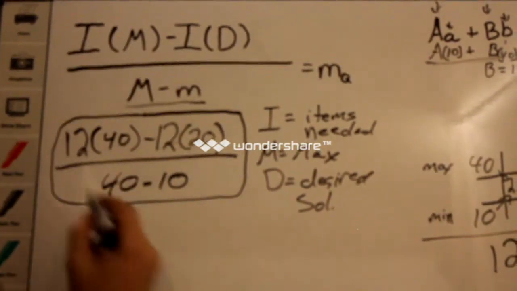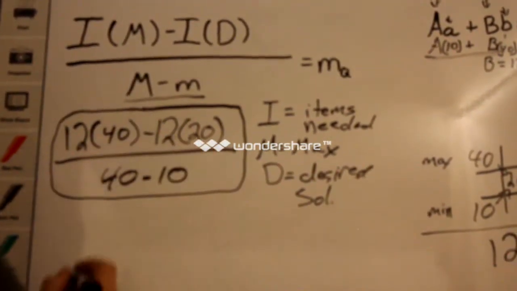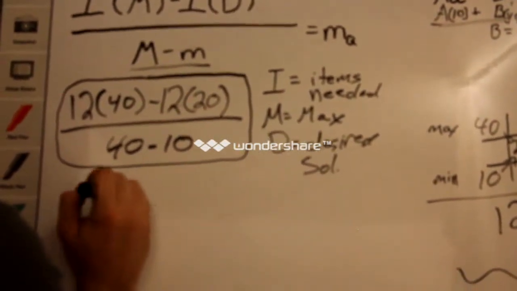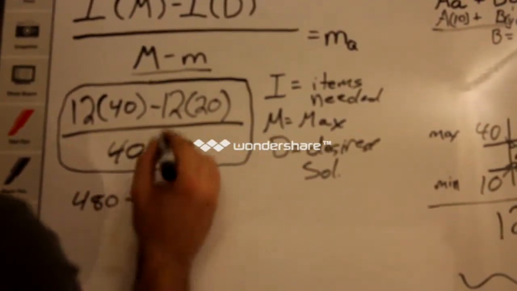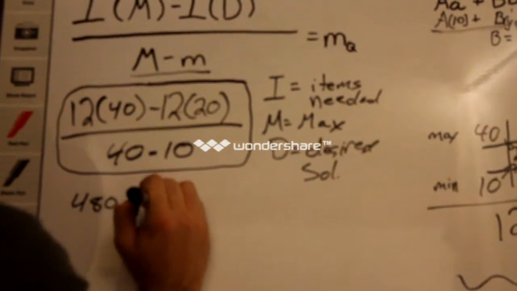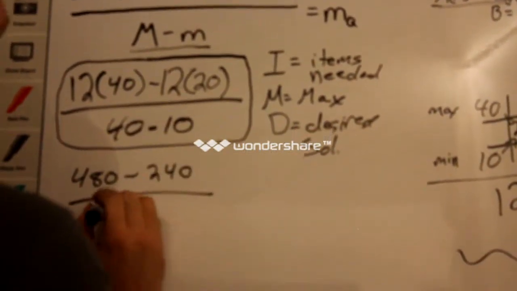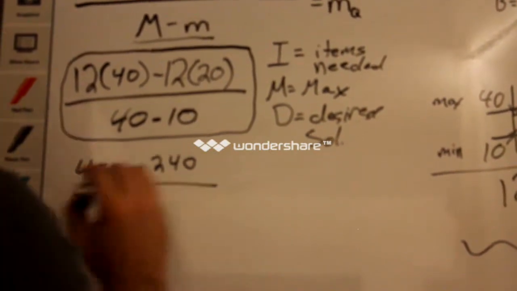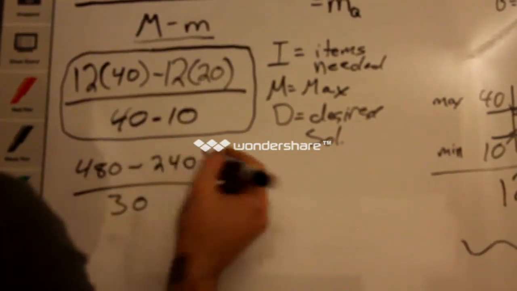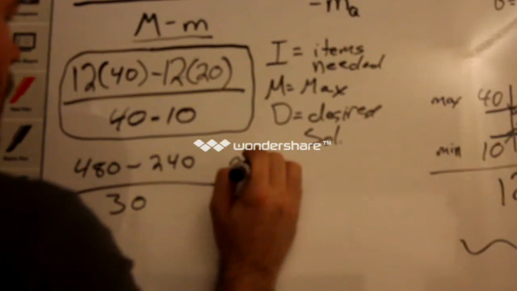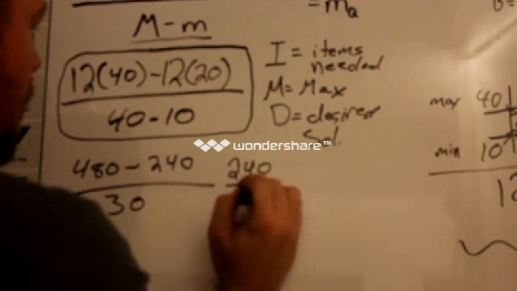It's ready to go. So 12 times 40 is 480, minus 12 times 20, which is half that, so 240. Divide by 40 minus 10, which is 30. So 480 minus 240 is 240, divided by 30.